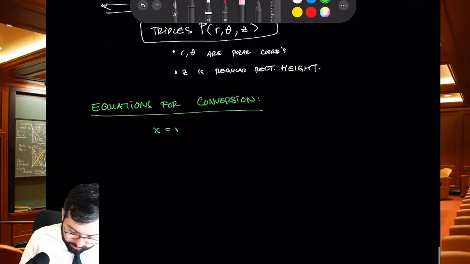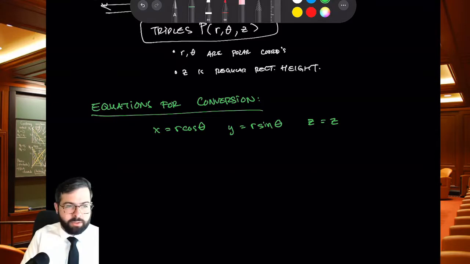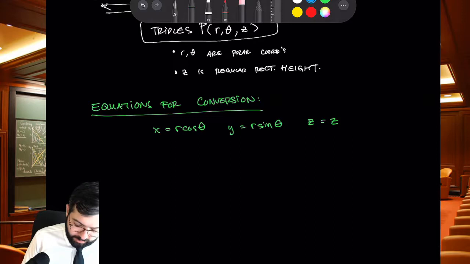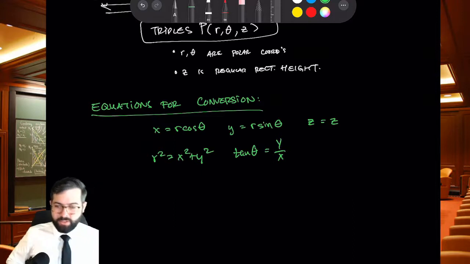We know that x is r cos theta. We know that y is r sine theta. This is my favorite one that we write down. Z equals z. Nice. Awesome. We've got r squared equals x squared plus y squared. And another nice one to have in the back pocket is that the tangent of theta is the slope y over x.